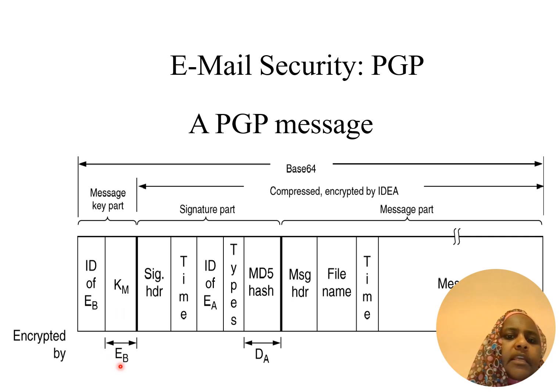The master key is encrypted using the receiver's encryption key, and the MD5 hash is encrypted using the sender's private key. All the fields from the signature header to the end of the payload are encrypted using IDEA, and all the message from the ID of the receiver to the end of the message is encoded using base64 encoding.